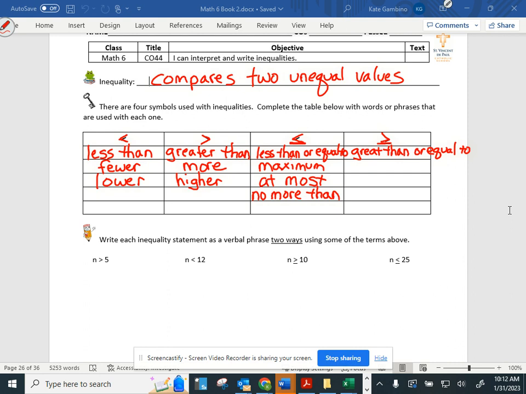What's the opposite of maximum? Minimum. So at minimum, we're going to spend $30. So that means we'll spend $30 or more. We'll spend at least $30 or no less than $30.